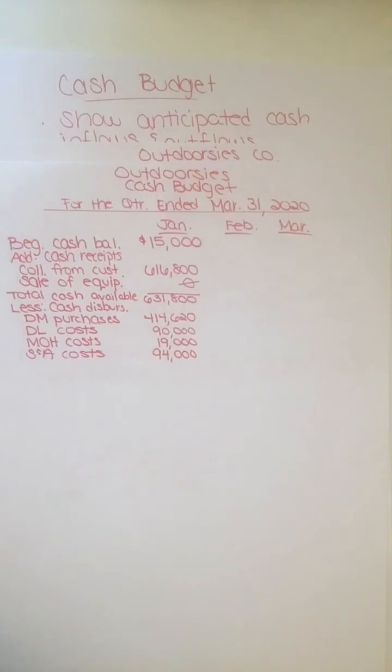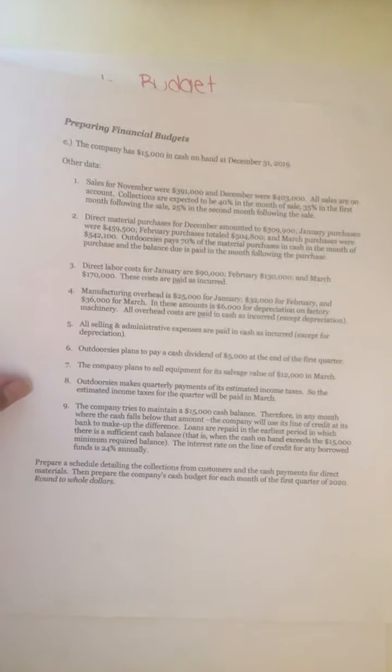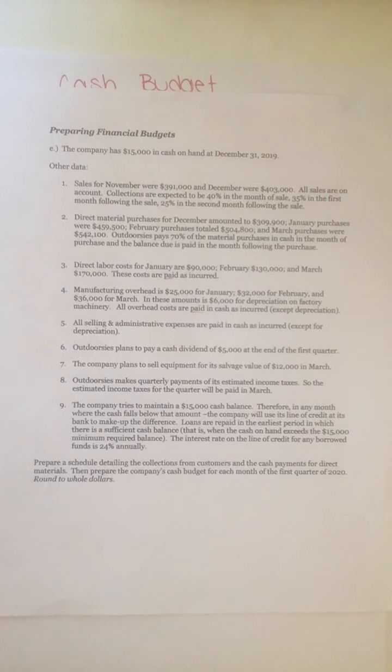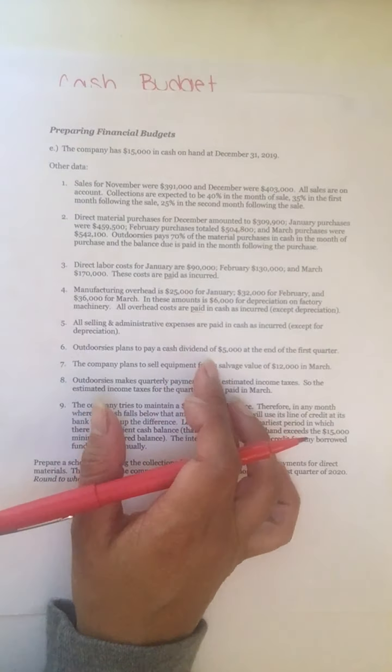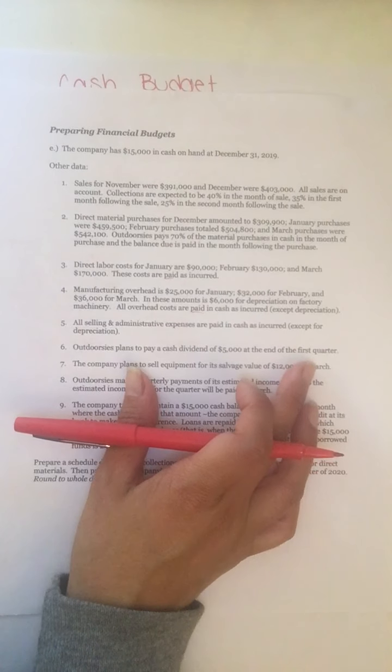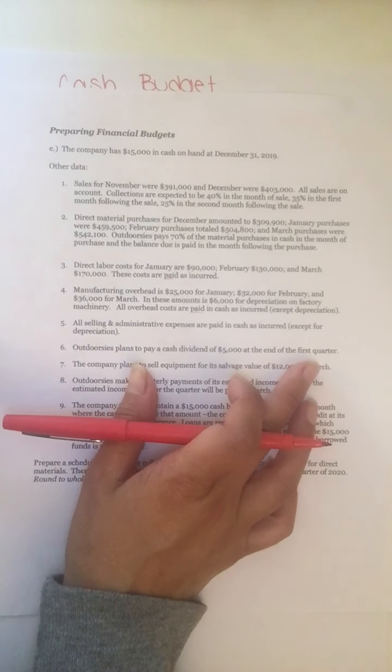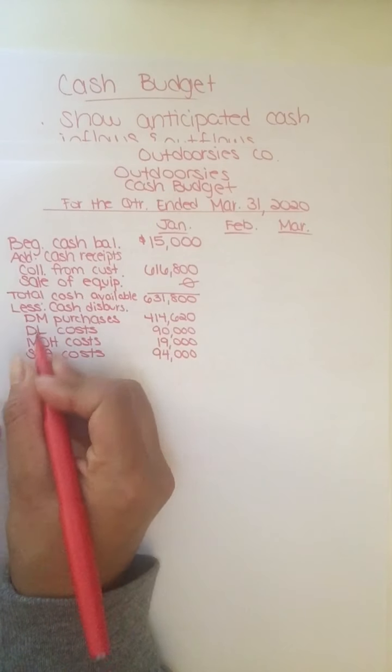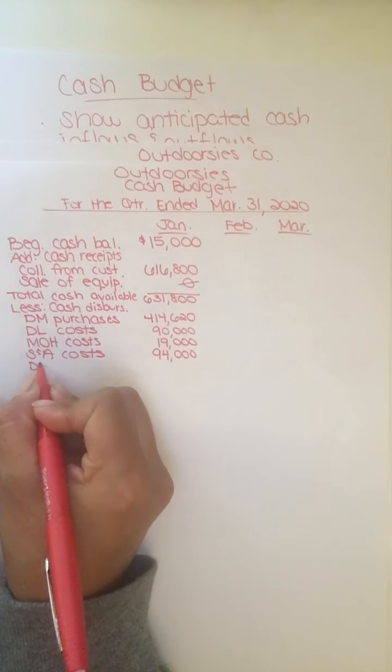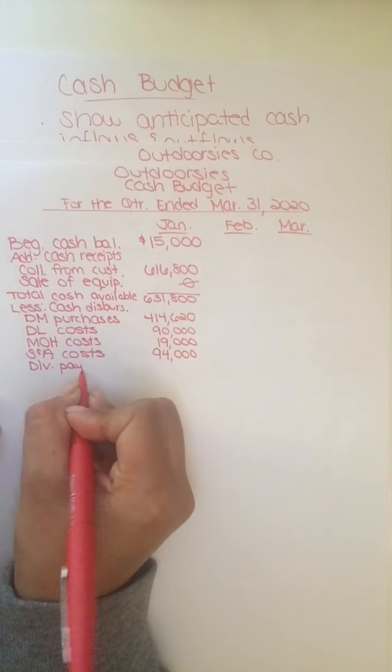Good. Scan again, see if there's any other disbursements. There's a cash dividend. It's going to go out at the end of the first quarter, so I interpret that as March, but let's still create a row for it. So, cash disbursements, dividend, payment.